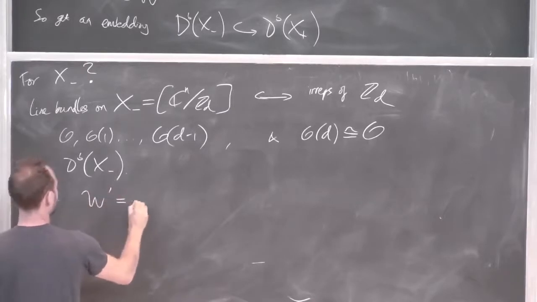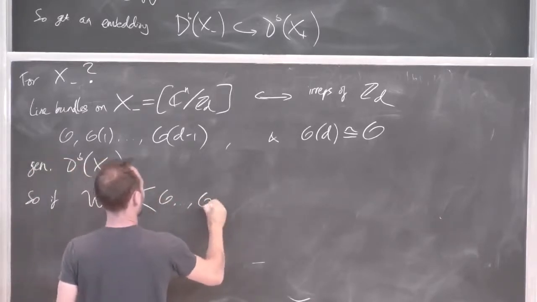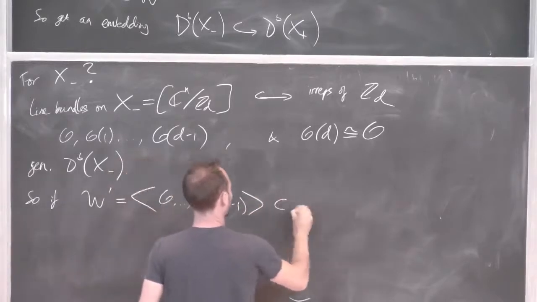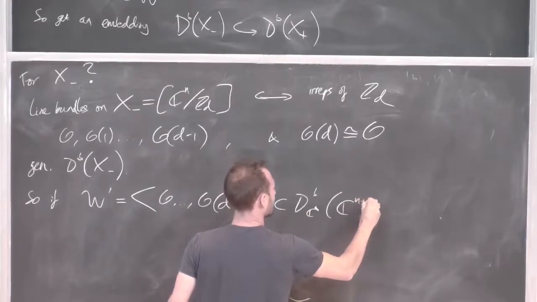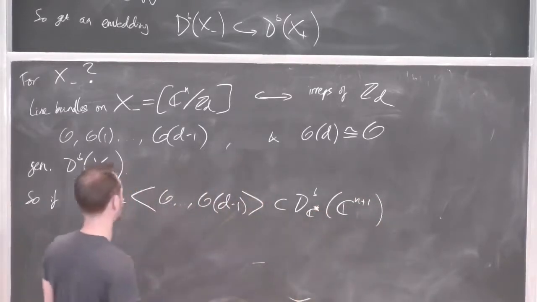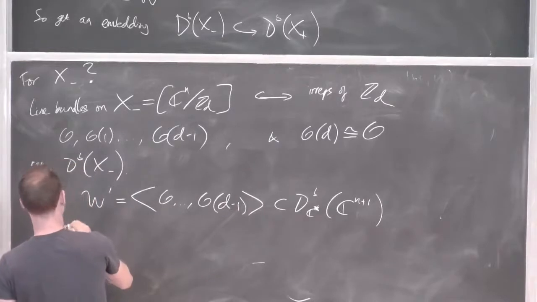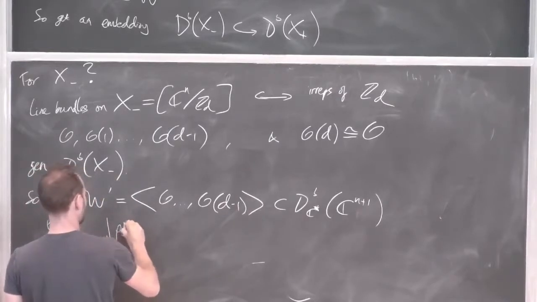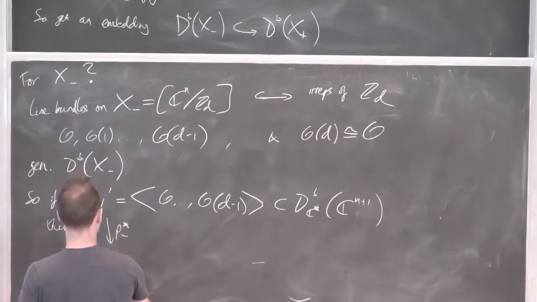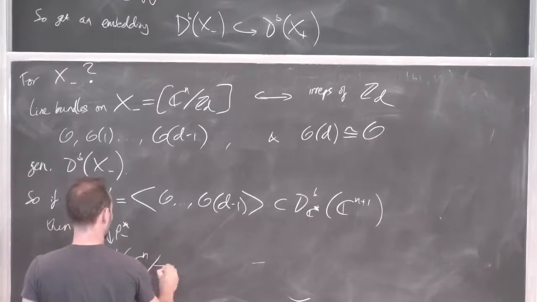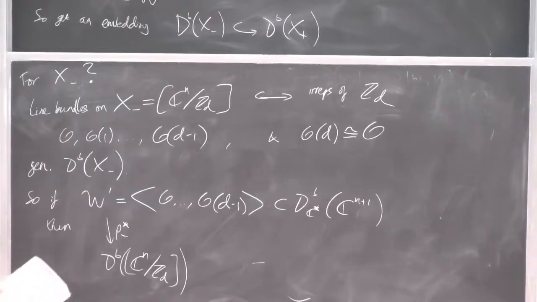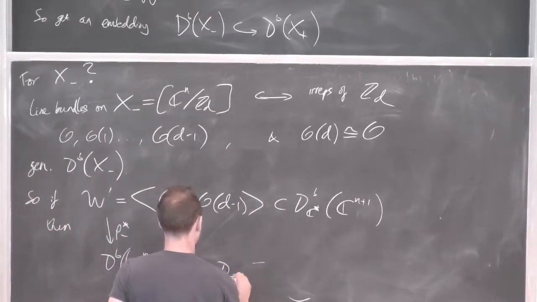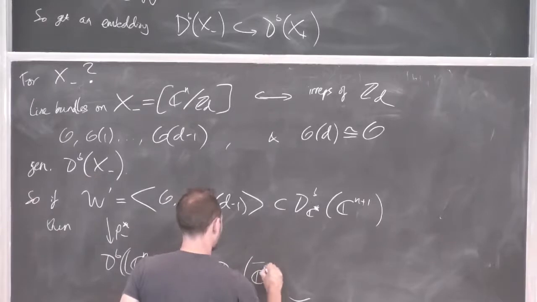So if I set W prime to be the window which goes O up to O(d minus 1) inside the C star equivariant derived category, then I have a restriction functor to the derived category of the orbifold, and the derived category of an orbifold just means the equivariant derived category of C^n.